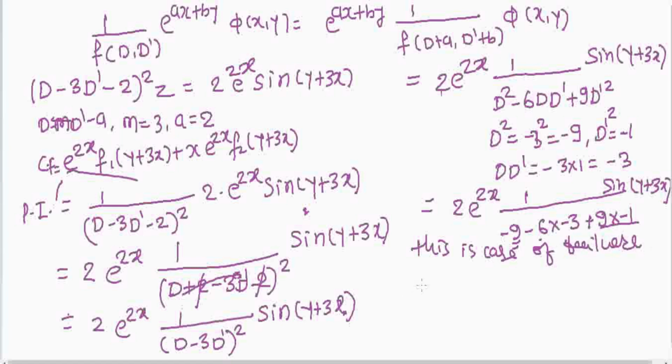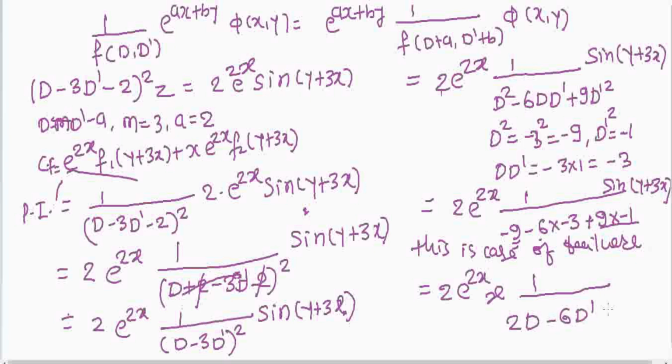It is very easy. Differentiate the denominator with respect to D and multiply by x. So 2 into e raised to 2x, we have multiplied by x, and let us take the derivative with respect to D. The derivative of the denominator is 2D minus 6D dash, since D dash is a constant.